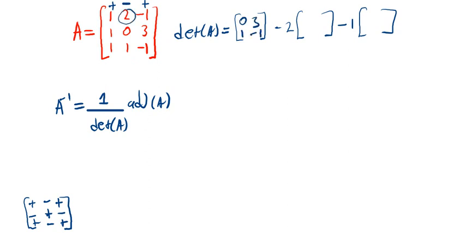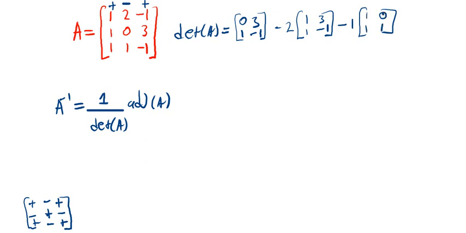Coming to 2, if you cross out the column and the row that it is in, you remain with this part and that part, and that's your matrix that is multiplied by the coefficient 2. That would be 1 1 3 minus 1. For the last one, if you close this row and this column because of the negative 1, you remain with 1 1 0 1.